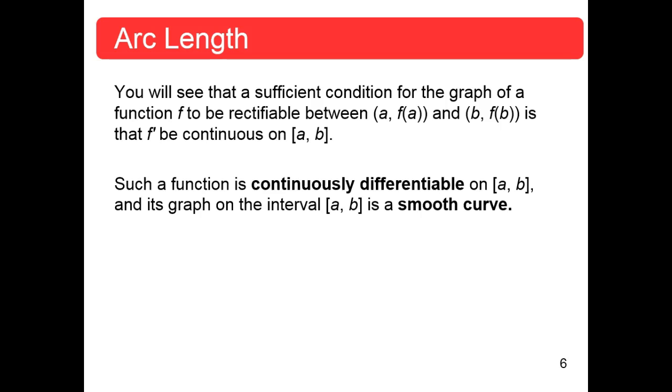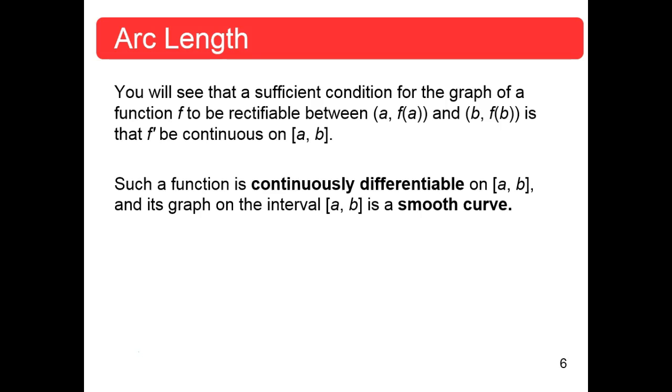You will see that a sufficient condition for the graph of a function f to be rectifiable between (a, f of a) and (b, f of b) is that f prime, the first derivative, be continuous on the closed interval a to b.